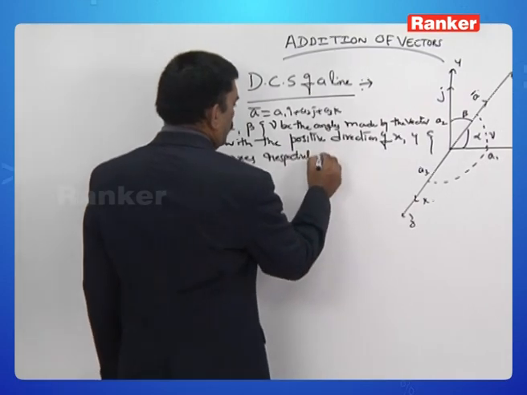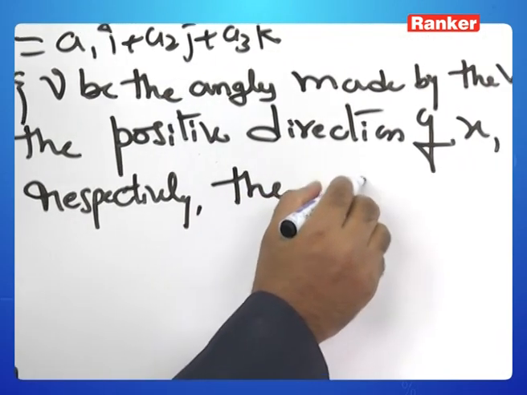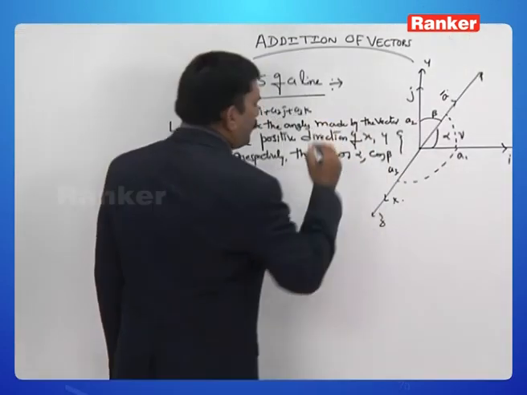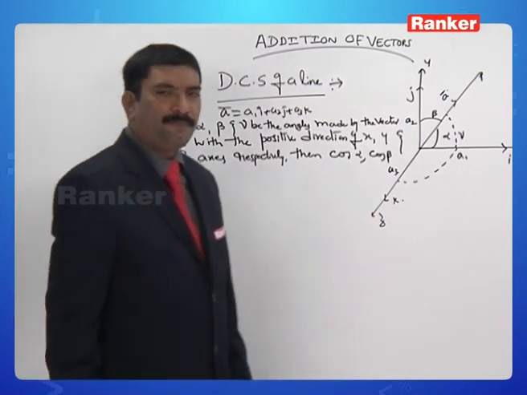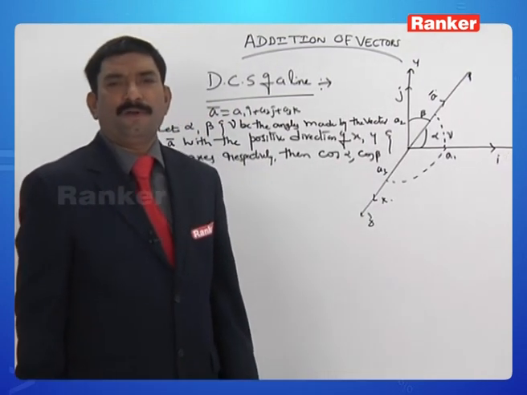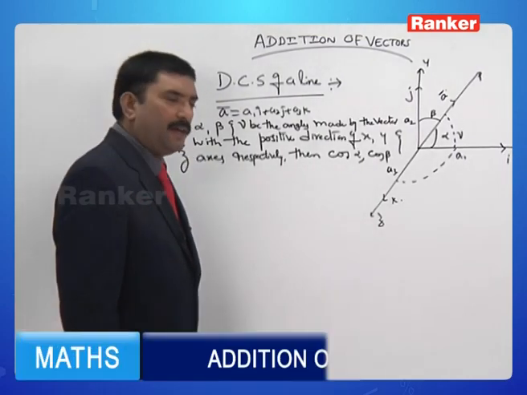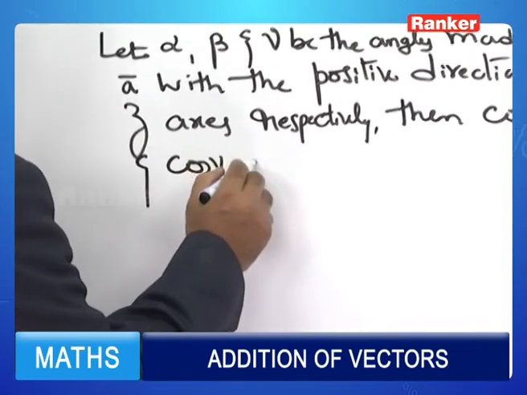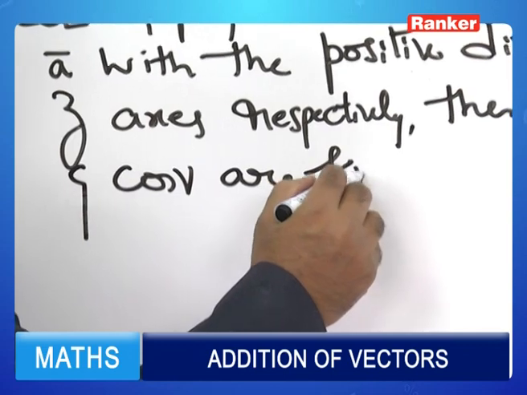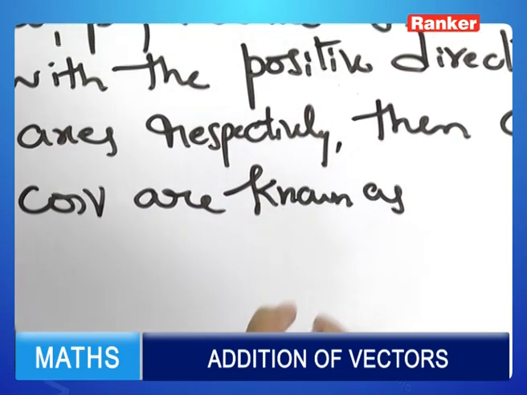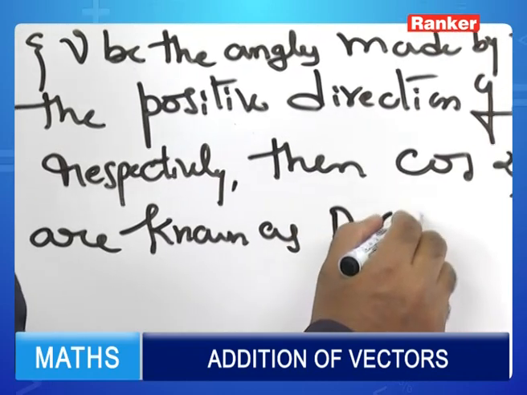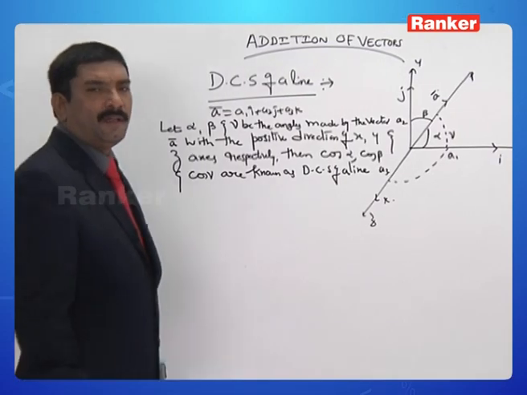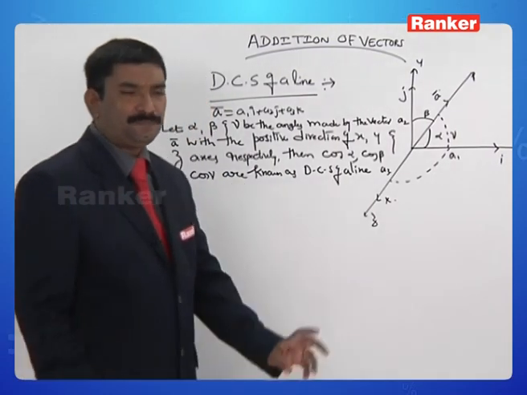Then if I measure these angles in terms of the cosine function, cos alpha, cos beta and cos gamma are known as the DCs of a line.